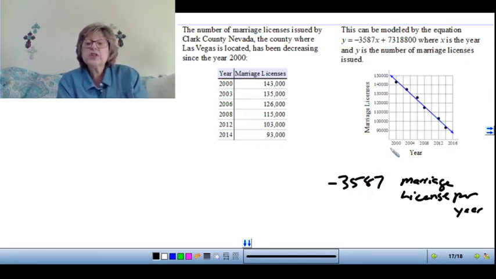Well, what year did it start with? In this case, each bar looks like it is 2 years, so counting 1998, 2000, 2002, 2004, this would be 1998. We started with 7,318,800 marriage licenses.